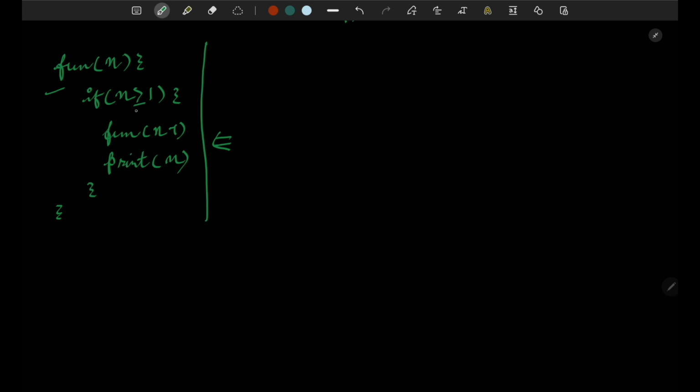If the value of n is greater than 1, then we are going to call the function with value n minus 1 recursively and print the value n. So of course this is a recursive call, and how exactly can we figure out the space complexity?